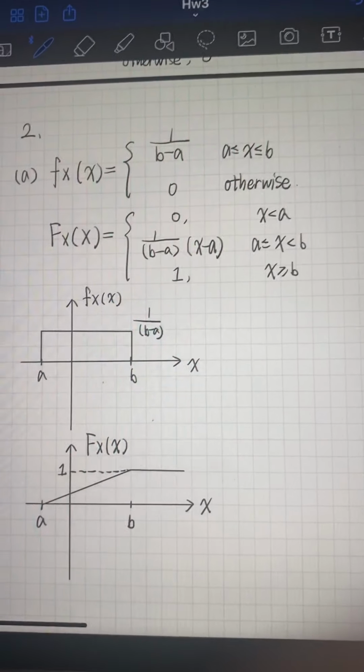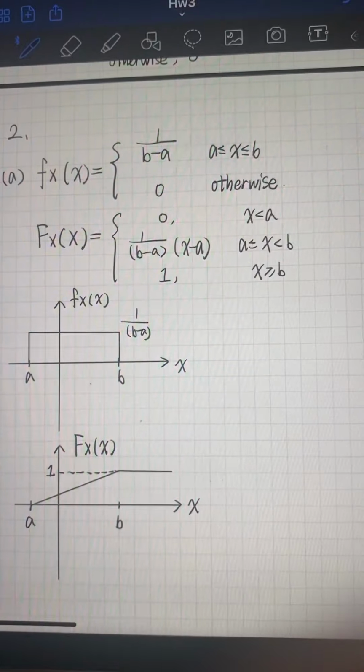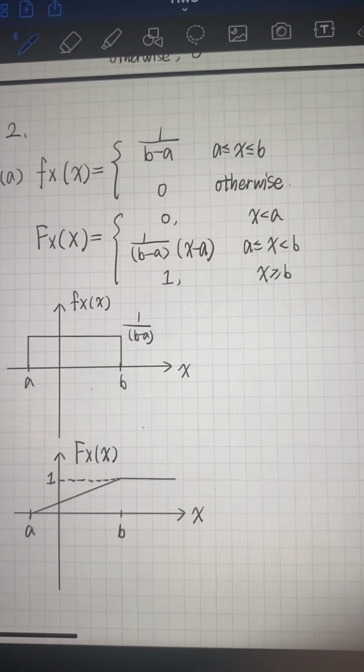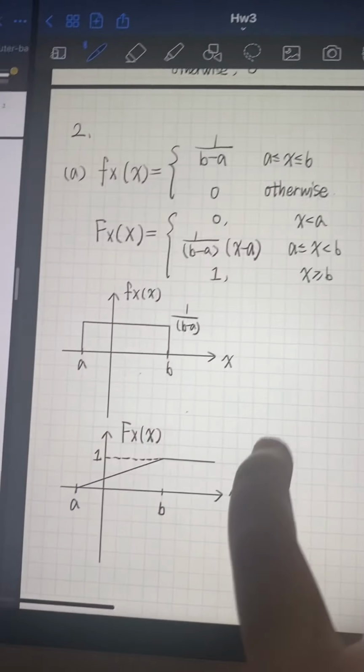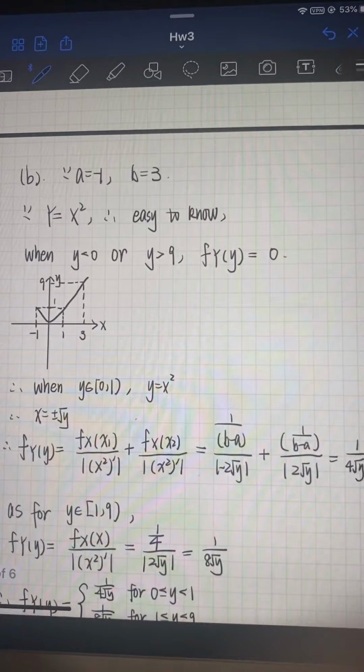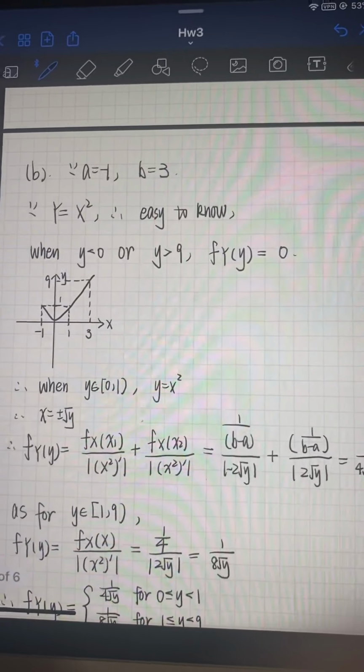From these two formulas, we can easily draw these two functions.